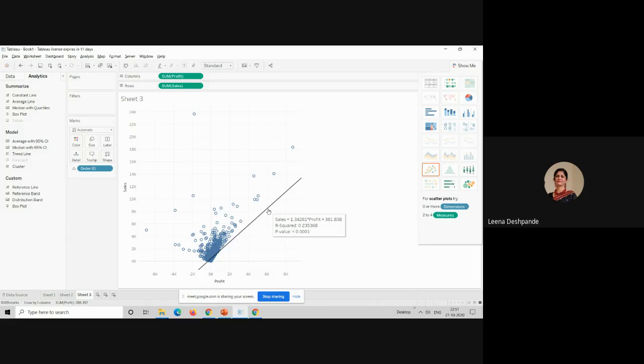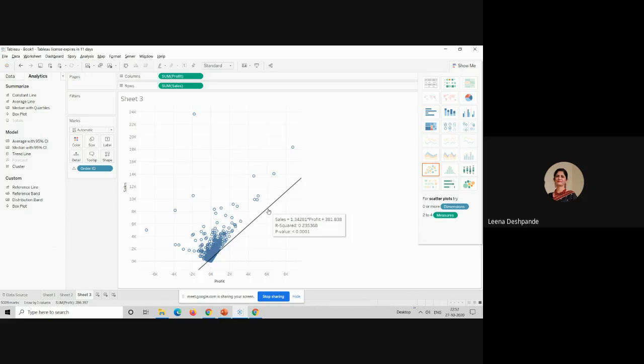I'm getting the equation: sales equal to 1.34281 into profit plus 381.838, which means you got y equal to mx plus c, with a slope of 1.34281 and a constant of 381.838, with an R square value of 0.235 and a p value, which is the significance value that we expect to be very, very small, 0.005.